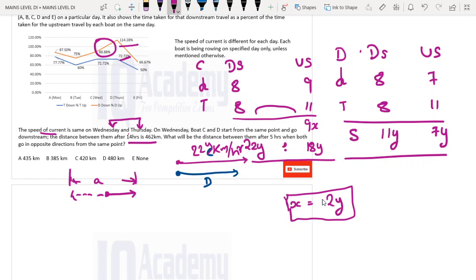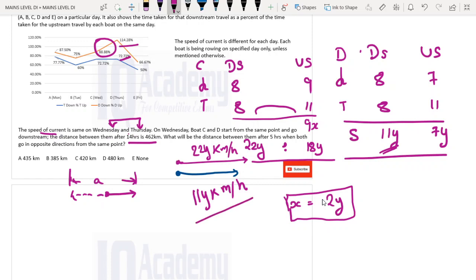D's downstream speed is 11y, so D travels at 11y km per hour.